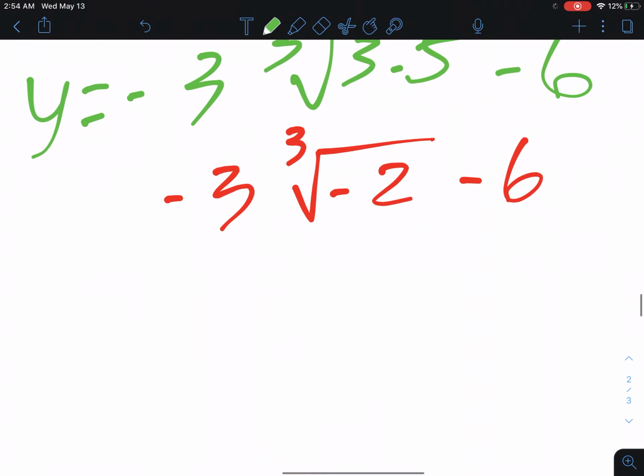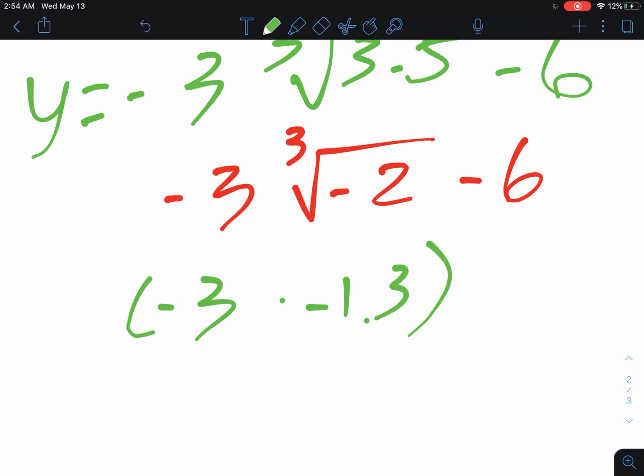Then we drop down the 3 again. Then we multiply that with negative, we would get negative 1.3, because negative 2 to the third is negative 1.3 rounded. Then we subtract 6.